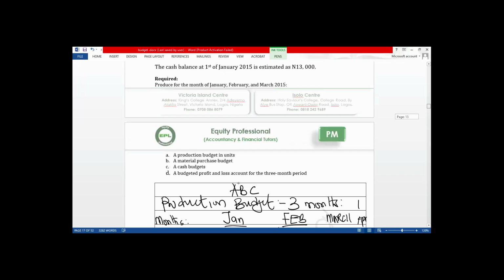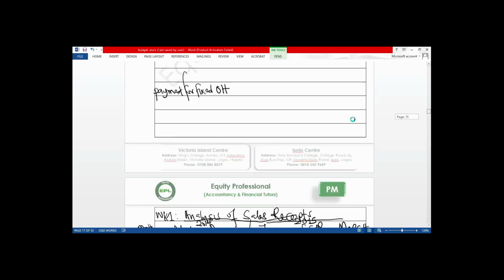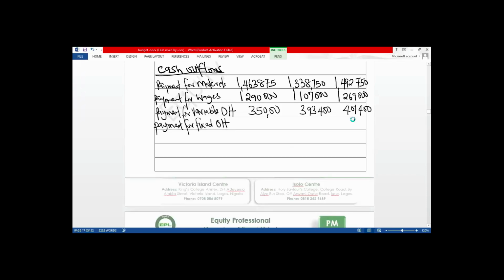Overhead cost for February to be paid in March. Which one are we going to pay in January? That means there must be overhead cost that was incurred in December 2014.